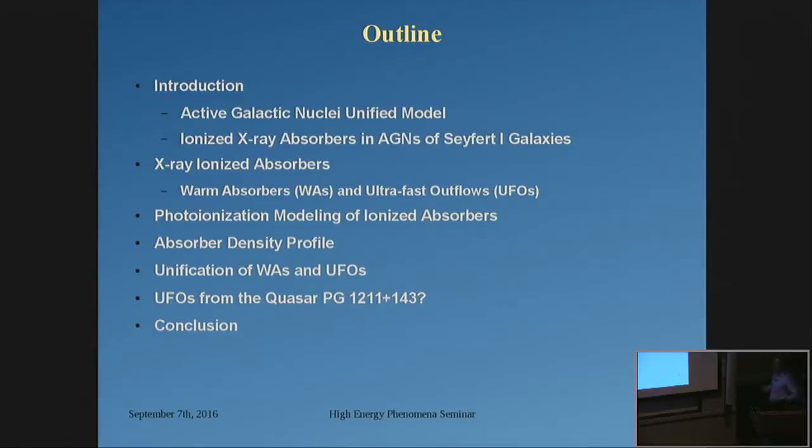I will explain how we can constrain the physical conditions of the ionized absorber using photoionization modeling. I will also talk about the possibility of unifying the warm absorber and the ultra-fast outflow using a unique density profile. And I will present the latest result of our group, from a recent Chandra grating observation of PG1211.